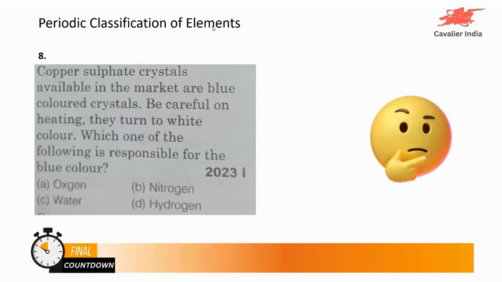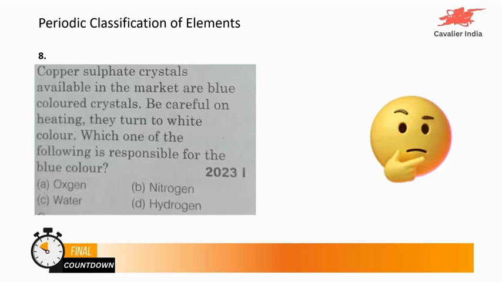What is the color of copper sulfate crystal? It is blue in color. What is the reason for the blue color, and why does it turn white when heated? Which is the right option?